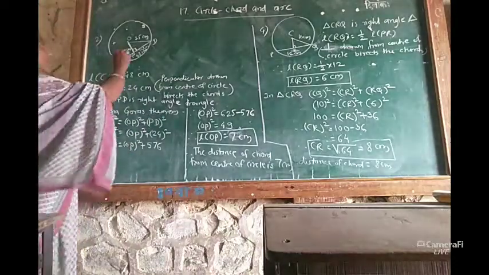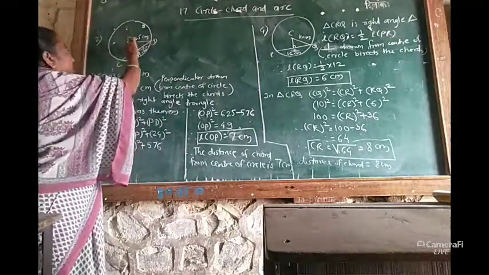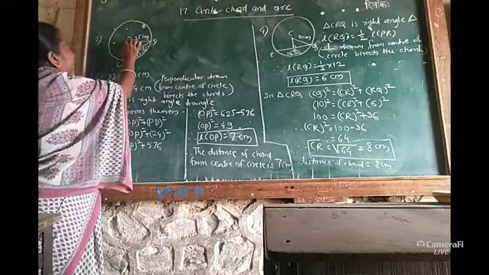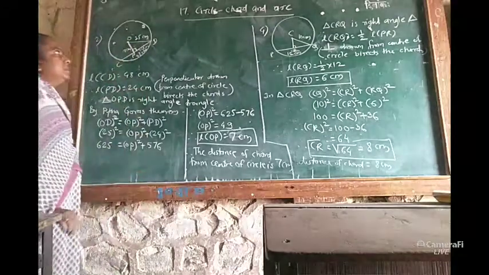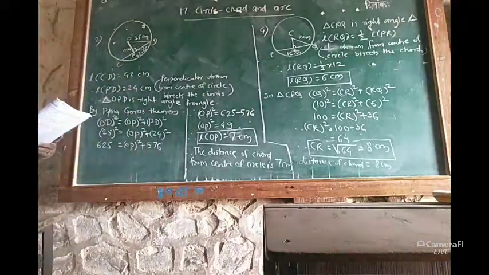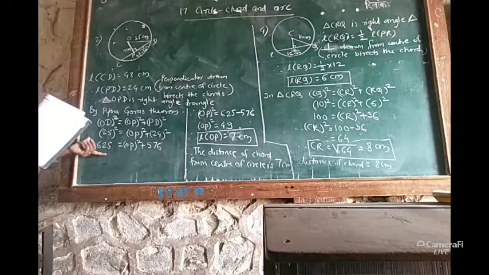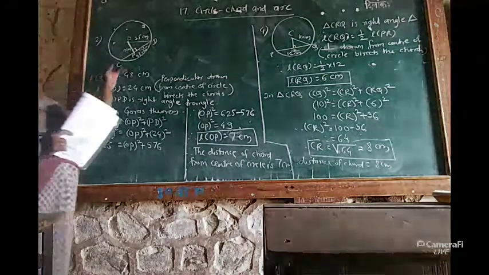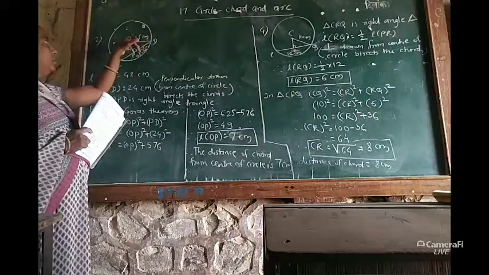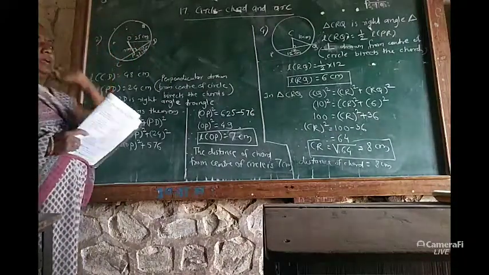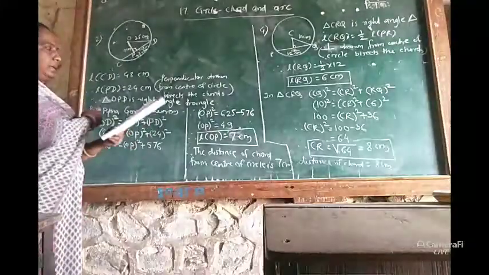That means they have given us the value of the chord and the distance between the center and the chord, and we have to find the radius, that means the hypotenuse of this right angle triangle. The difference is that they have given us the distance between the chord and the center, and we have to find the hypotenuse. Solve the example like this.